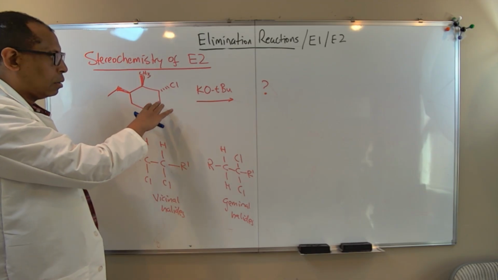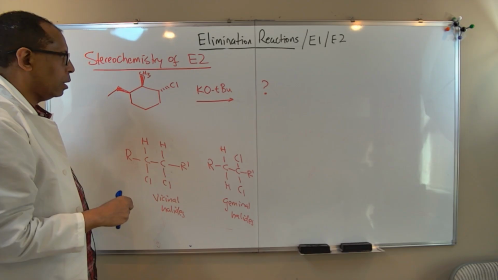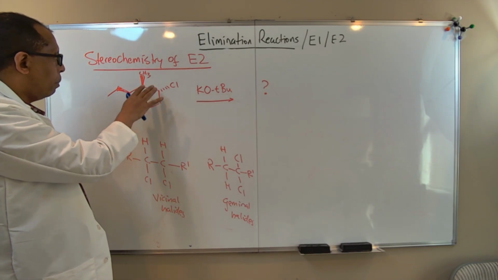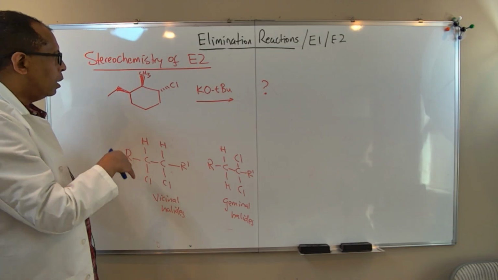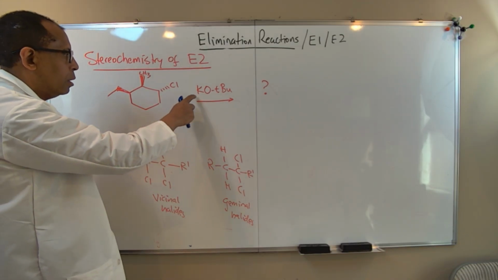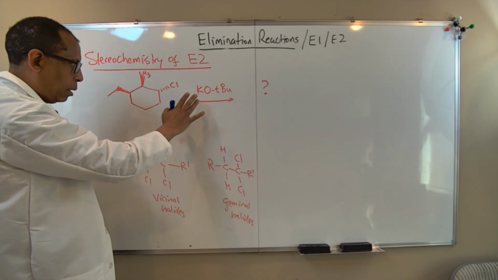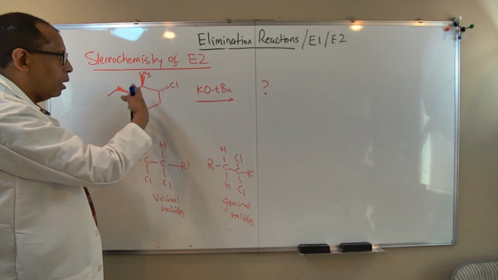First, let's just solve like what we have just done previously in cyclohexane. Here we have this compound. It's a trisubstituted cyclohexane. Let's just do it in chair conformation first. And the question we are asked is to give the elimination product.